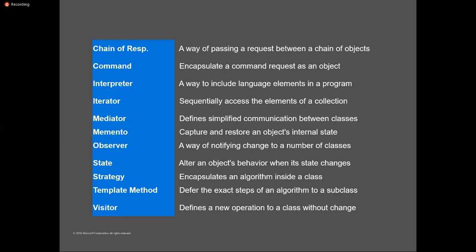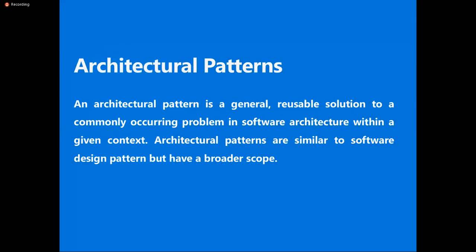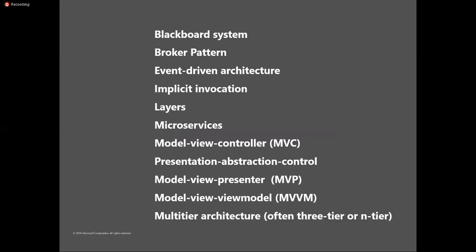Architectural patterns, software architectural patterns are similar to design patterns, but they have broader scope. That means they are responsible for both building application and controlling the application flow. And these are all the architectural patterns: blackboard system, broker pattern, event-driven architecture, implicit invocation, layers, microservices, MVC, MVP, MVVM.